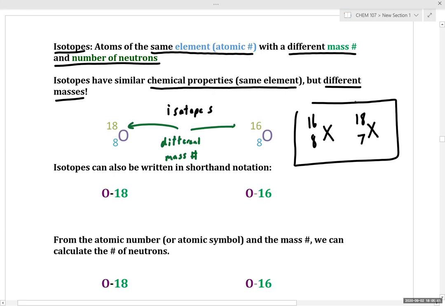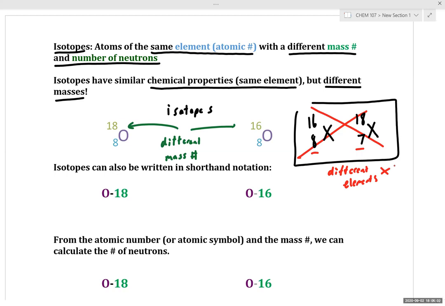No, and we're going to put an X over that. The reason is these two symbols represent different elements, and as a result, they cannot be isotopes. Isotopes: same element, different mass. Does that make sense to everyone?